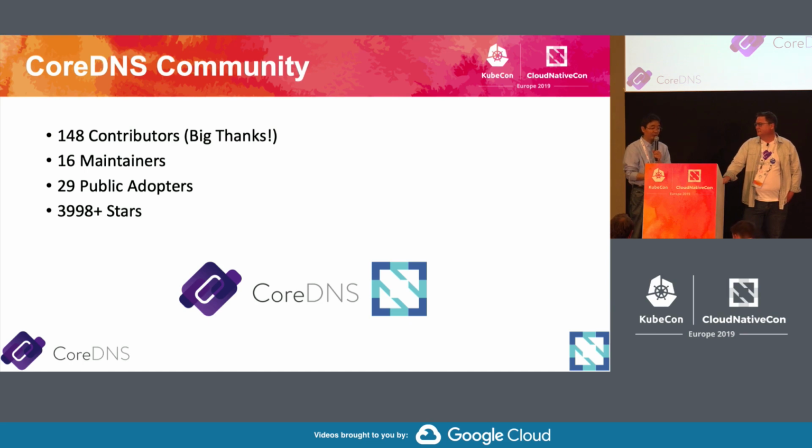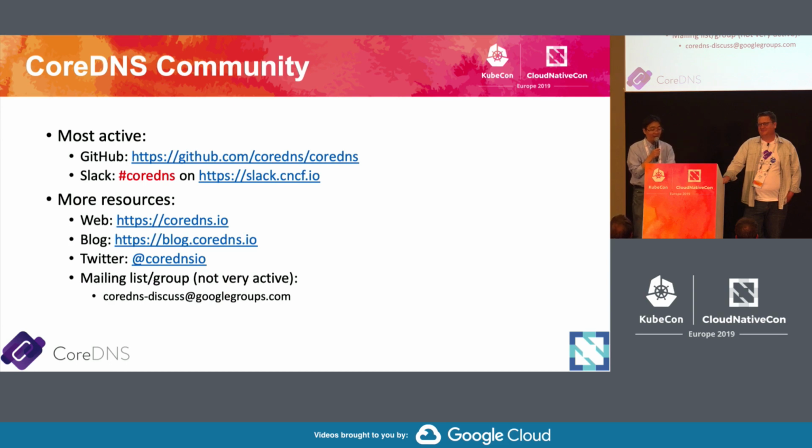So I'm sure there are a lot more users, especially in the Kubernetes community. And finally, we have a lot more GitHub stars compared with last year, a couple less than 4,000 stars. That's a big achievement. By the way, if anyone has not starred CoreDNS yet, you can probably just push the button now.